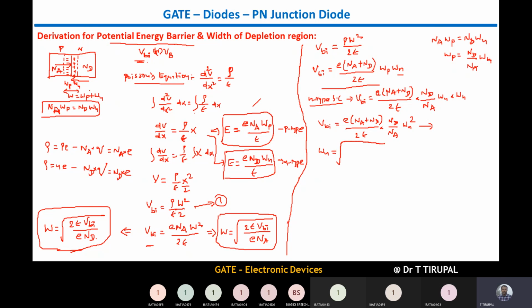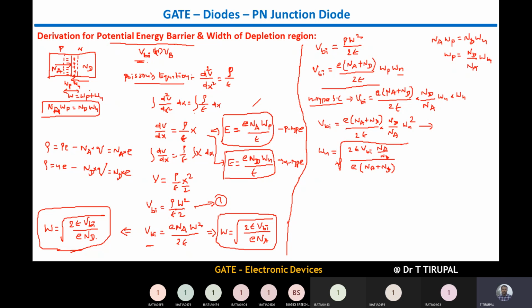Square root of, what do you get here? Cross multiply it, what do you get? 2 epsilon VBI into Na divided by Nd, whole divided by q into Na plus Nd.